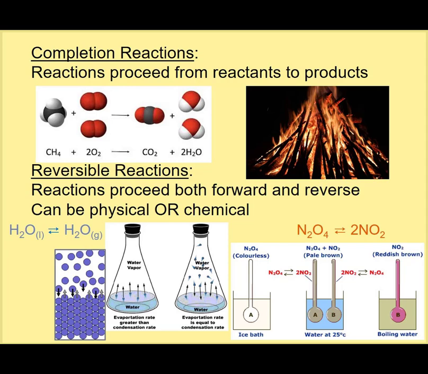So in this case here, I am burning some sort of fuel that has carbon in it. There's a fire right there, so imagine wood burning. And there's no way to reverse this reaction. So once I form my CO2 and my water vapor, I'm also going to have some ash. There's no way that all that can come back together and form the log again. So this is known as a completion reaction because there's no way to reverse it.